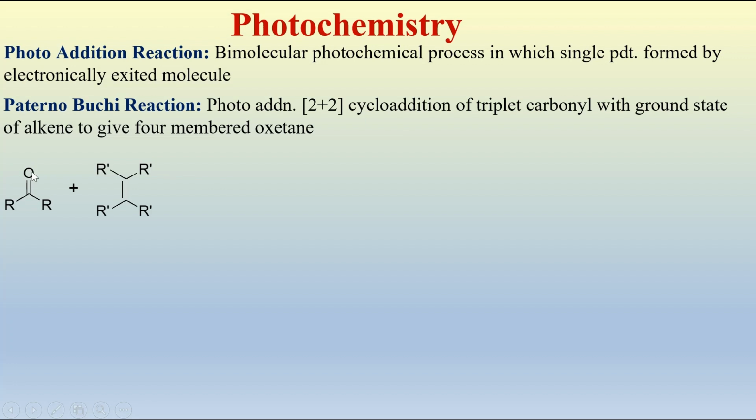This excited carbonyl group interacts with the alkene group in the ground state. It gives rise to a four-membered ring system with oxygen, that is oxetane.